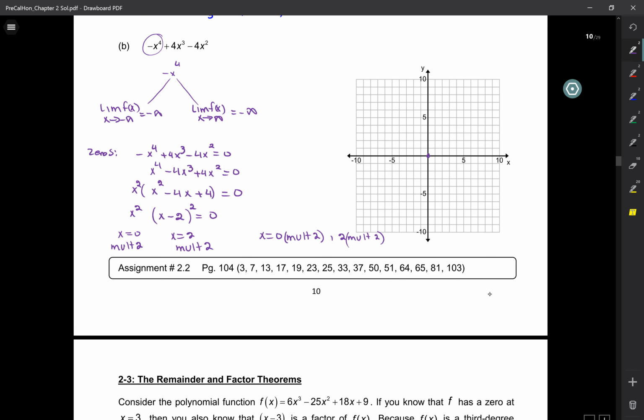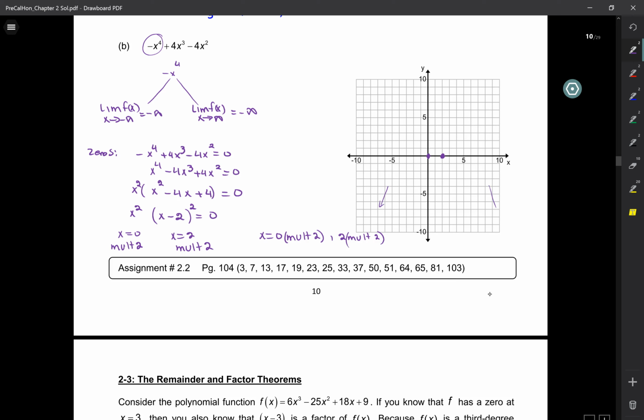All right, let's see how we can graph this. We have a 0 at 0. We have a 0 at 2. Both of them are multiplicity of 2. So in both cases, the graph is going to hit the x-axis, turn around, and come right back where it came from, right? So that's exciting. So let's see how this is going to look. It says that the end behavior is negative infinity for both.